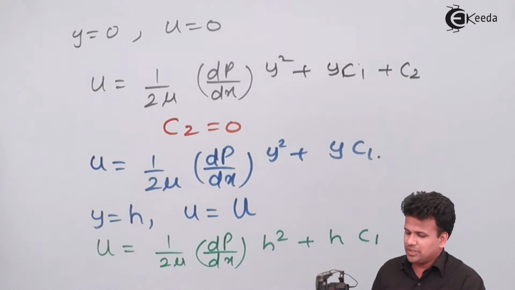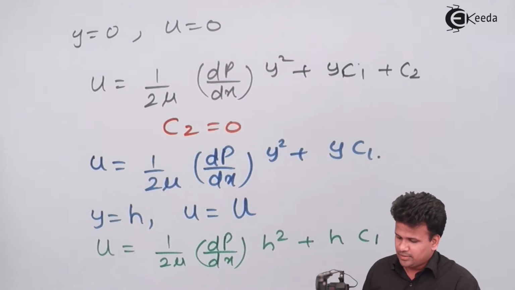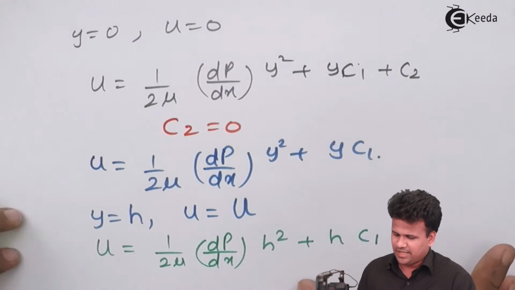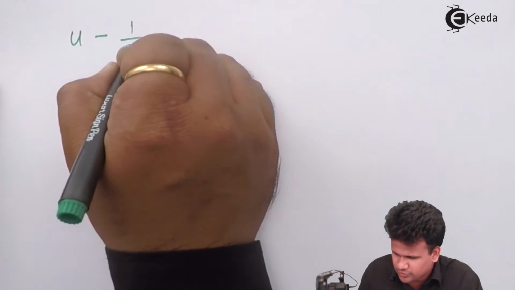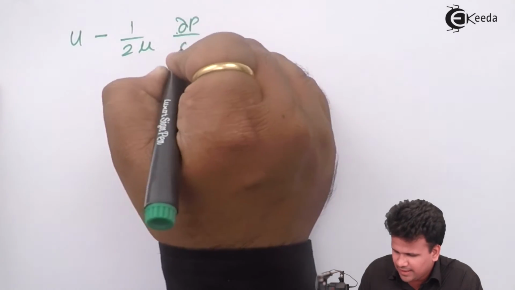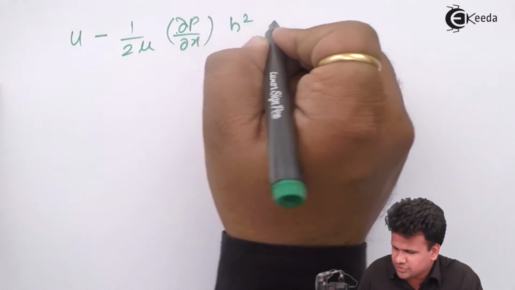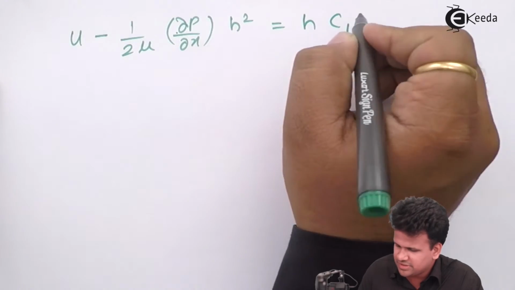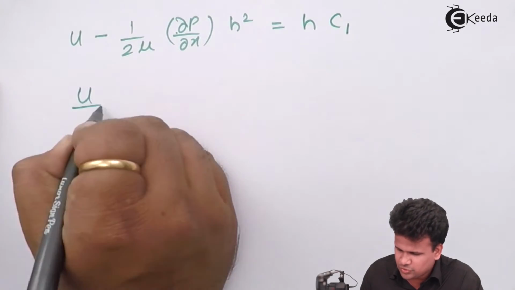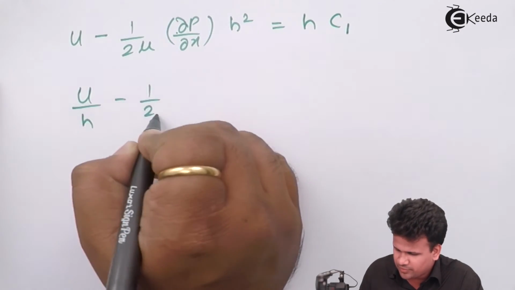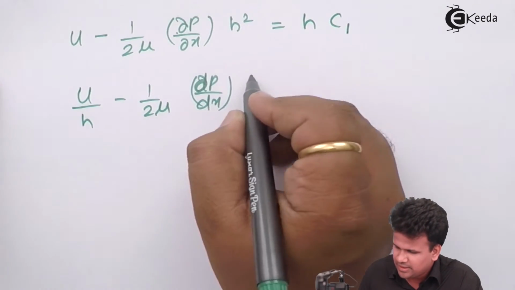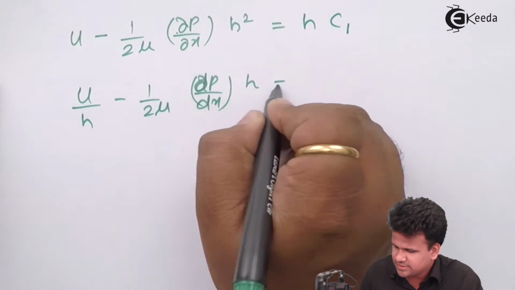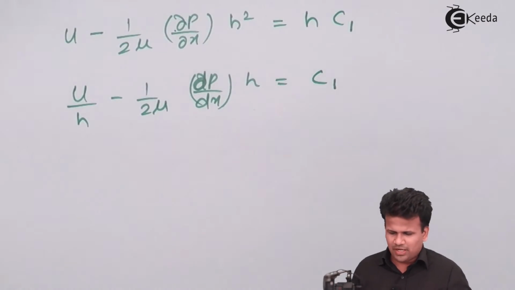So let us calculate the value of c1. U minus 1/(2 mu) dp/dx * h^2 equals h times c1. So c1 = U/h minus 1/(2 mu) dp/dx * h. So we have got the value of c1.